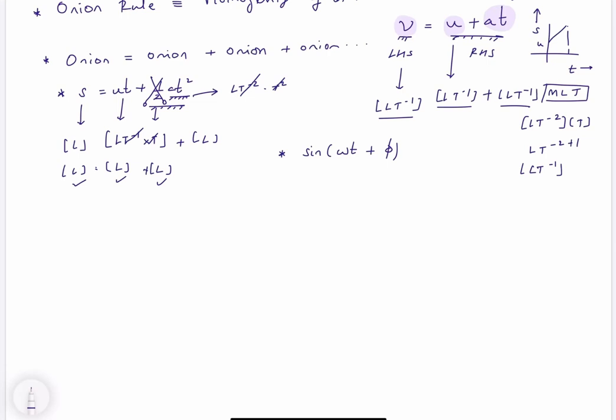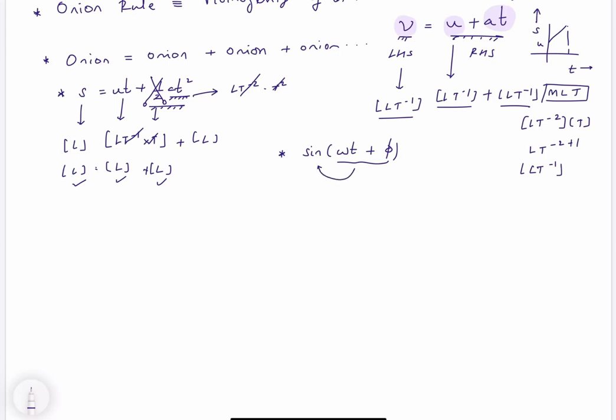Here, if you see omega t plus phi, we have this inside a sine function.